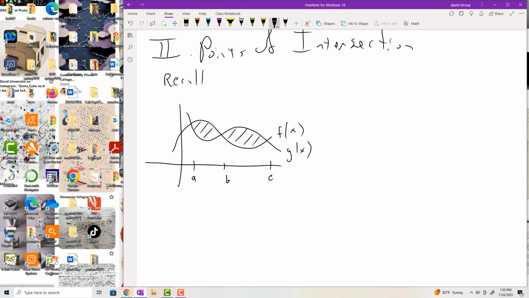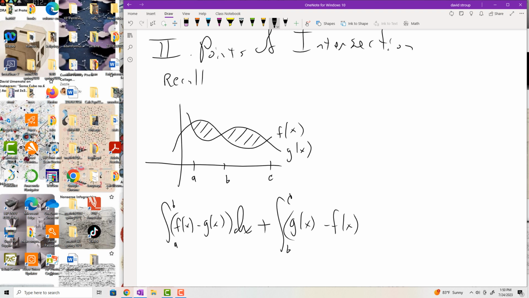And on top of that, we need to know these intersection points because the first region from A to B, the top curve is F. And then to find the area of that second region from B to C, the top curve is actually G. So it'll be G minus F. Okay.